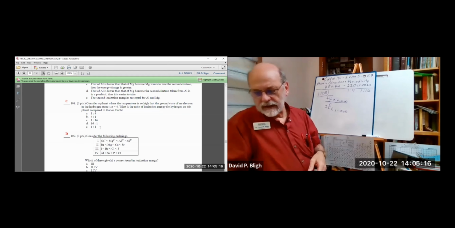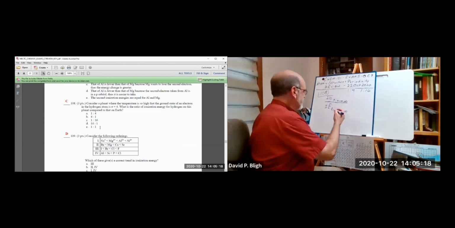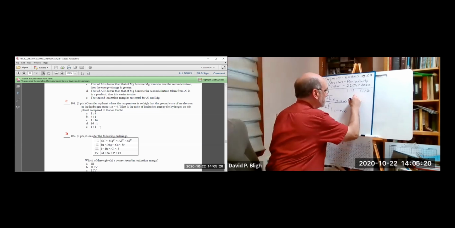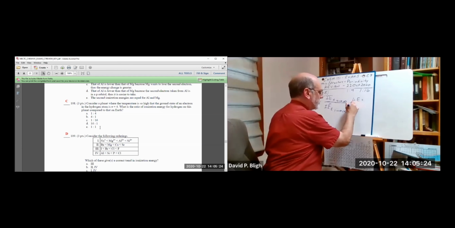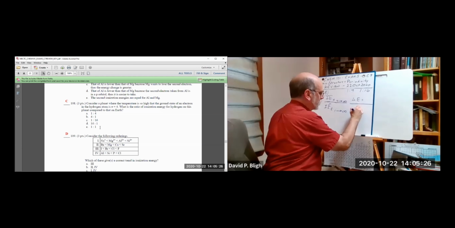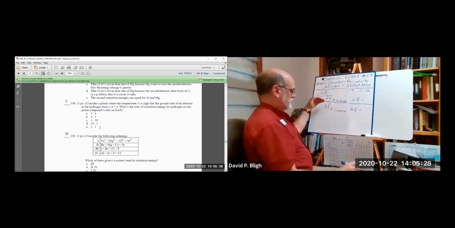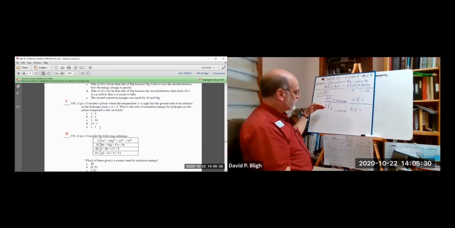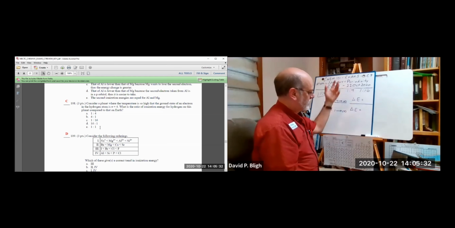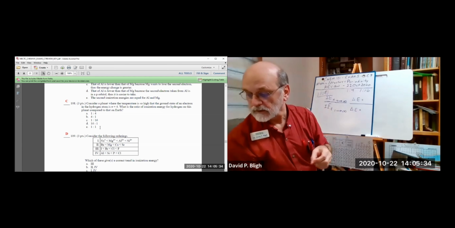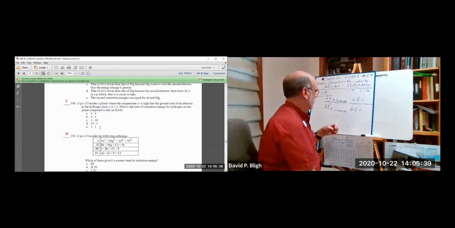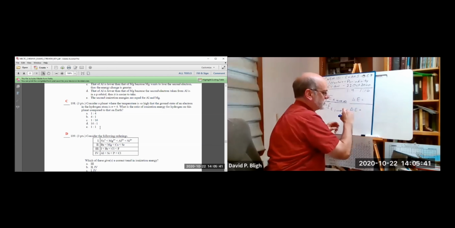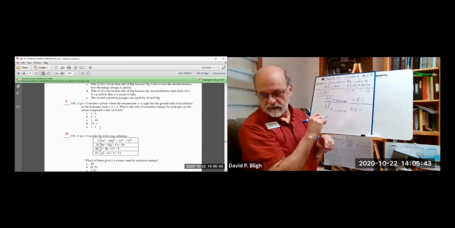You have delta E for this one divided by the delta E for this one is the ratio. So what's the delta E for, well, let's take them in order. Final state minus initial state. So the final state is what?